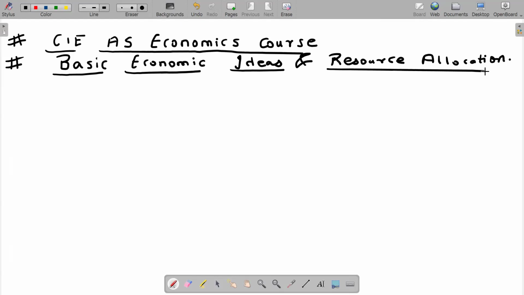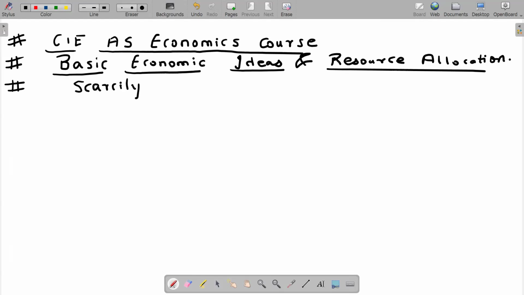Now, all these concepts students have even done at the IGCSE level in grades 9 and 10, so it's going to be a quick recap of whatever economics students have done at the IGCSE level. So let's write the heading: scarcity, choice, and opportunity cost.